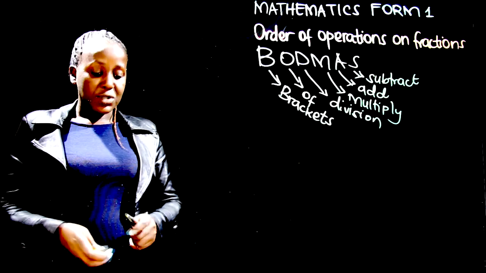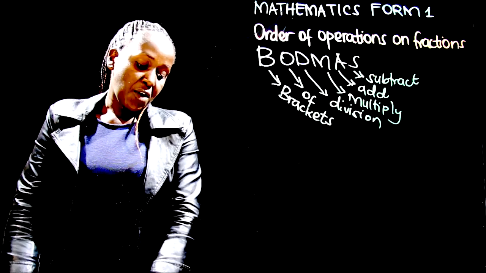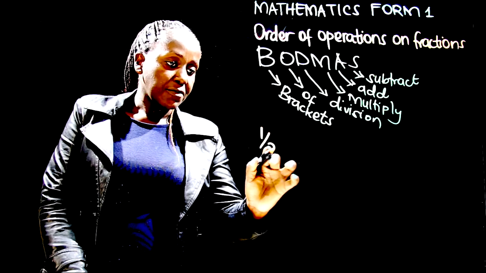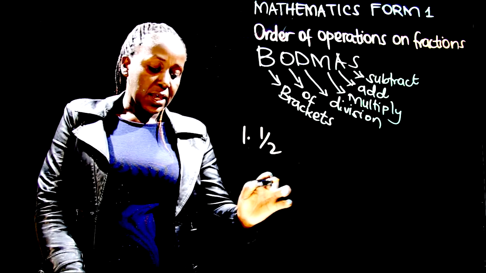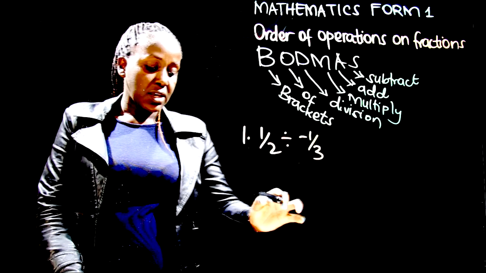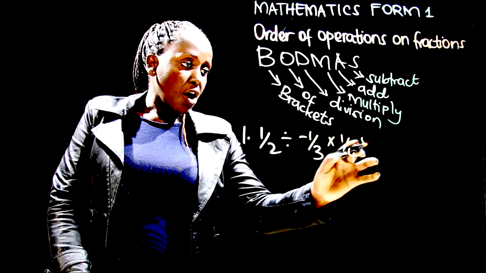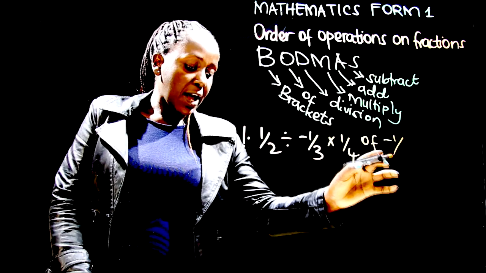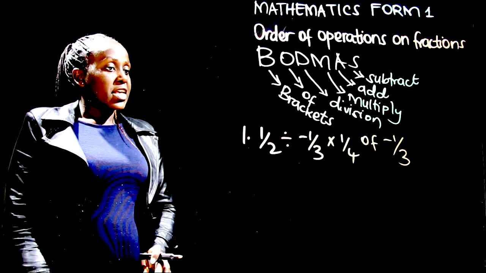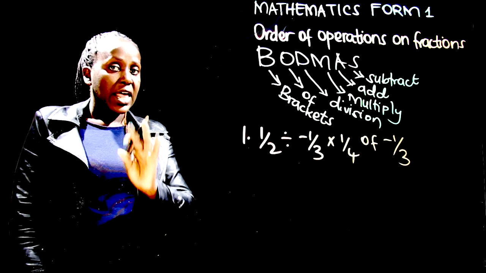So let us do a question and see how we apply this knowledge. For our first example, we are going to do a half divided by -1/3, multiplied by 1/4 of -1/3. So you can see in this question we have how many operations? 3.